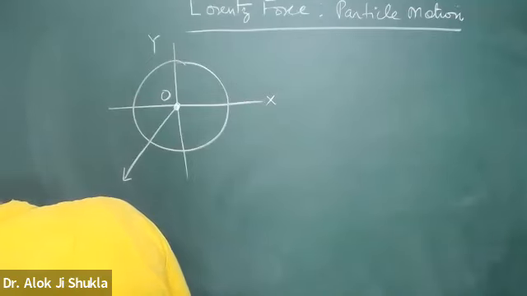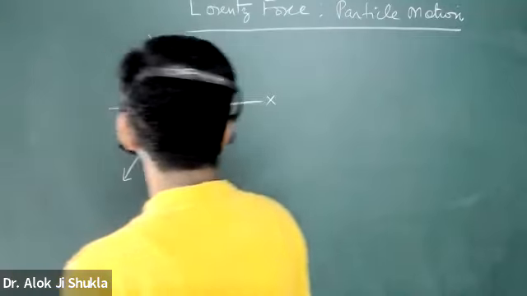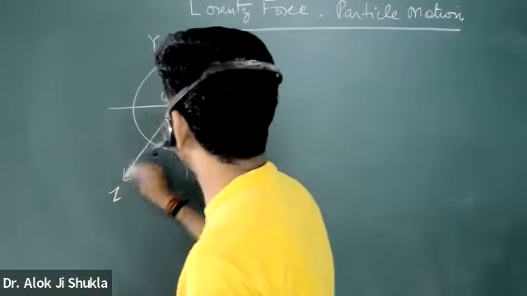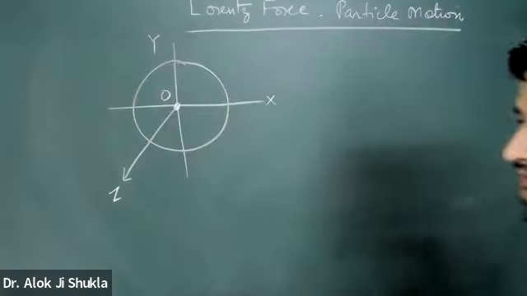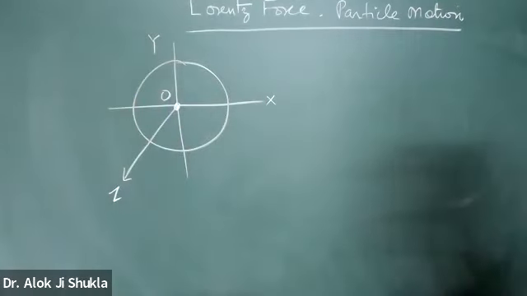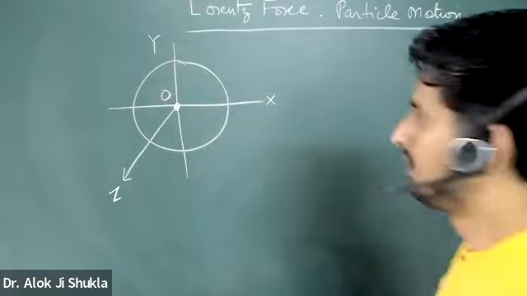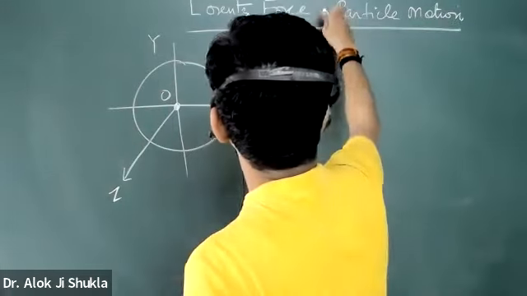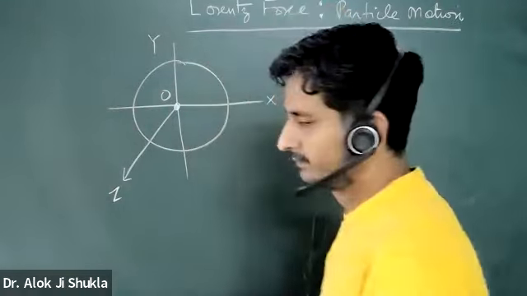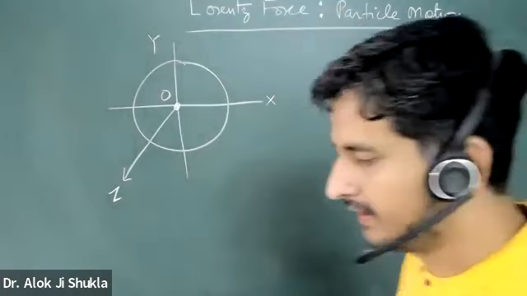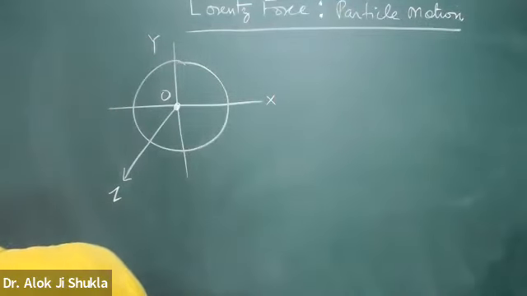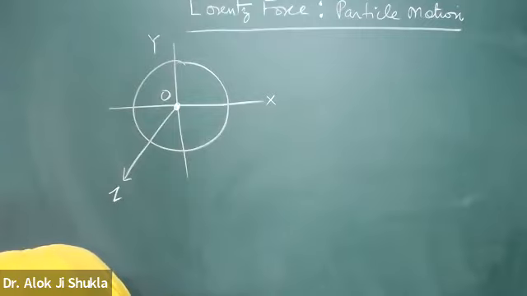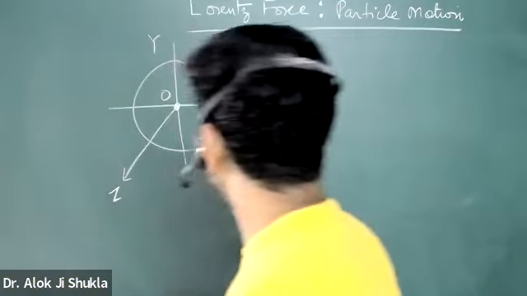XY plane है. In a magnetic field 1 Tesla along the positive Z direction. So X, Y, Z will be just out of the plane of the paper. बताओ direction clear है? Read it from the question. Clear है ना?